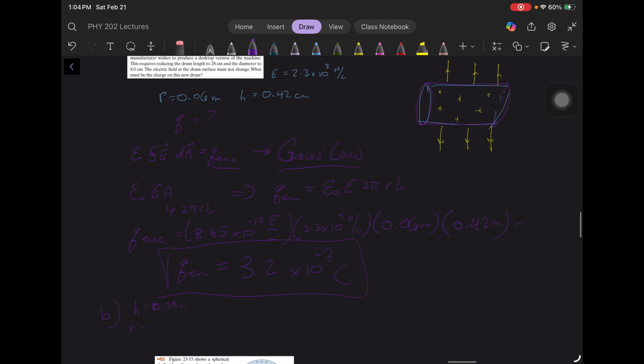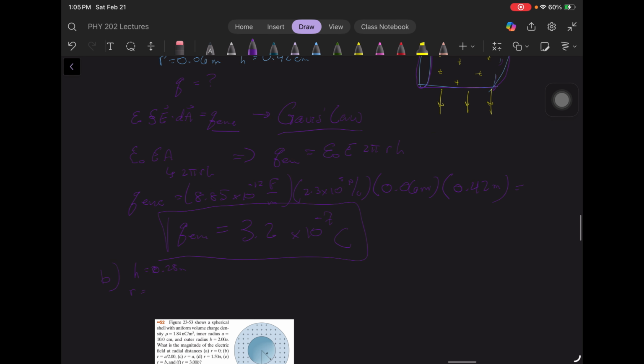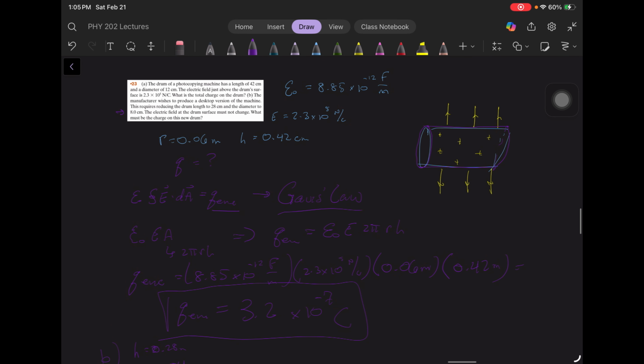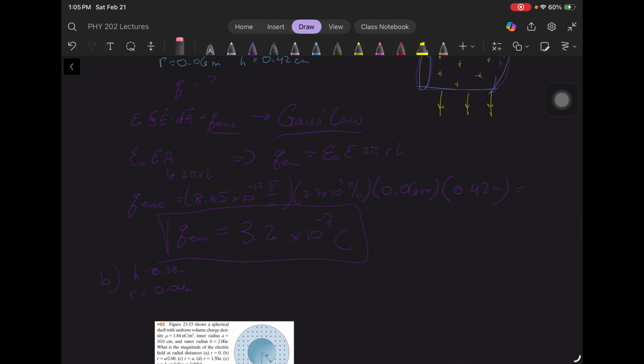The diameter goes to 8 centimeters, which means the radius goes to 4. The electric field stays the same, and we want to know the charge. The electric field can't change, so now we need to find the charge on the drum. It looks like we can use the same equation, just plug in for these.